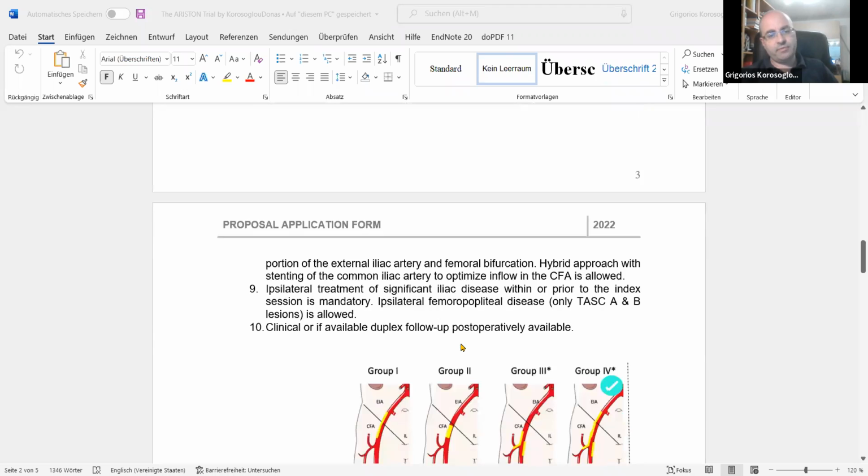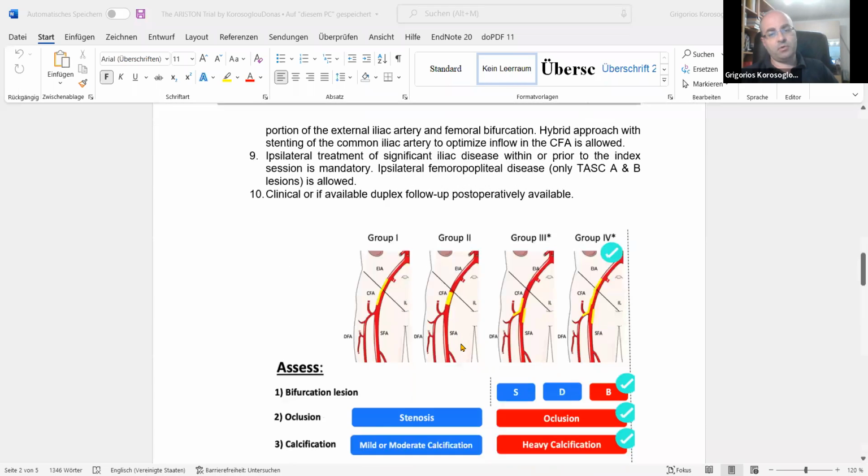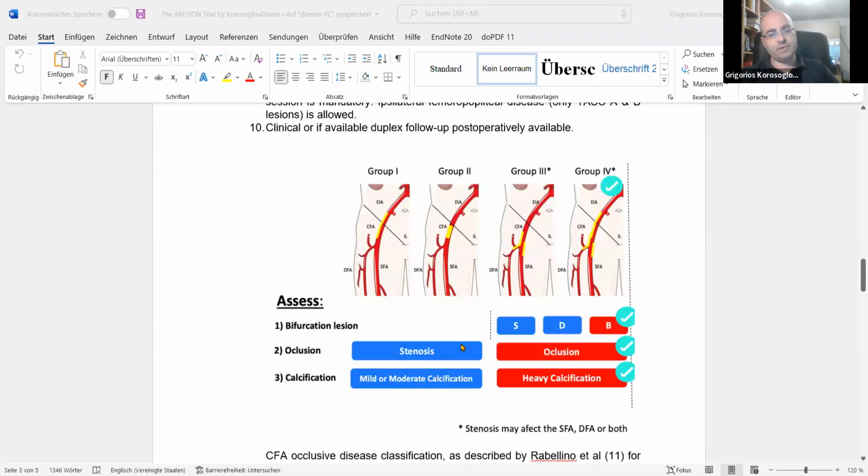We require a follow-up, if possible by duplex, if not a clinical follow-up in terms of the Rutherford categorization.